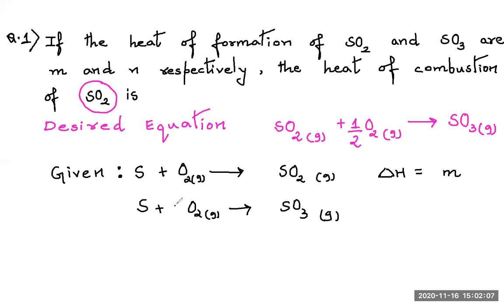So here I am taking 3 by 2, so 3 by 2 times O2, that is 6 by 2, which is again 3 oxygen atoms. And students, delta H for this reaction is N.